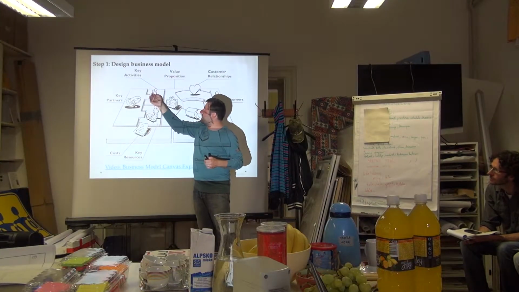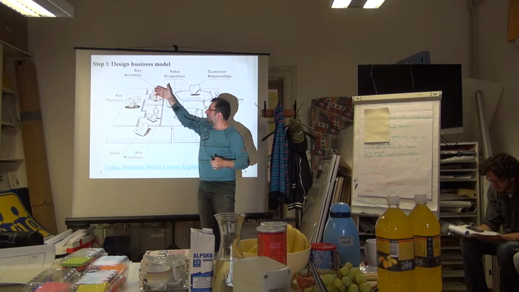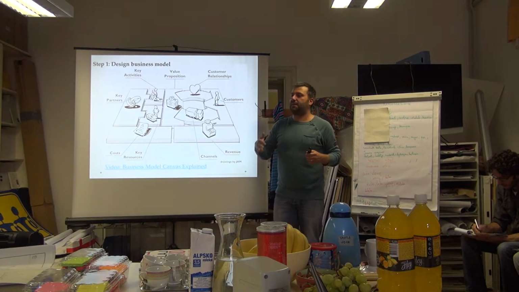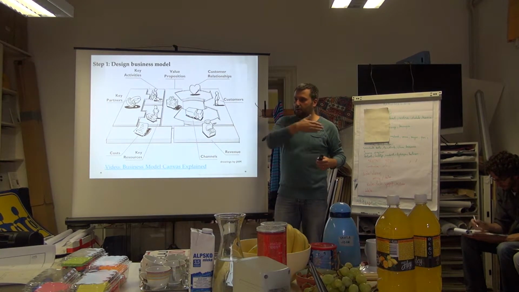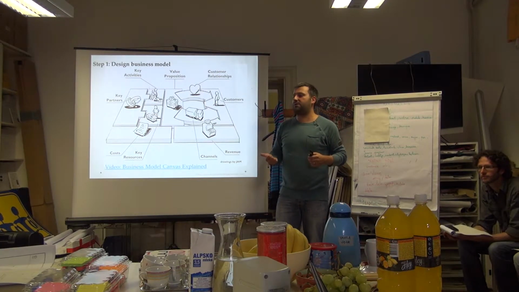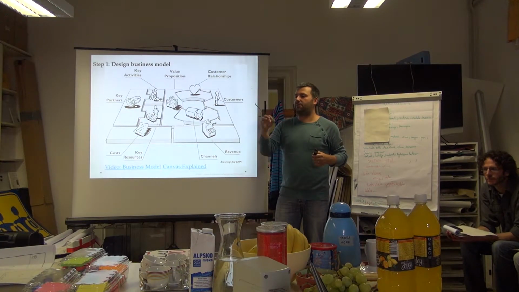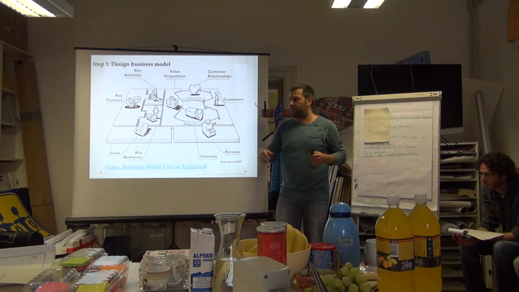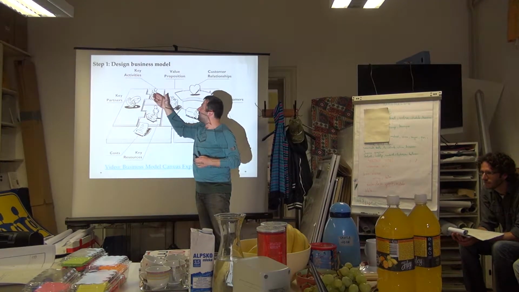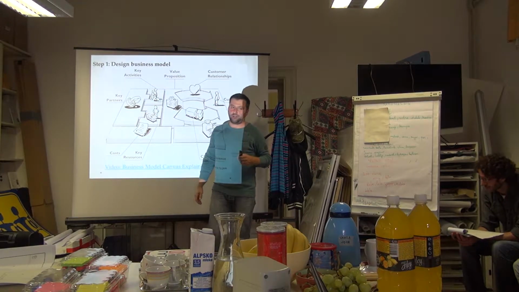So now I explain a little bit about key activities. So you write there all the major activities that must be done to operate. Let's say if you want to open a restaurant, the HACCP system or approval that you are doing on HACCP systems is one of the first things that you must do.